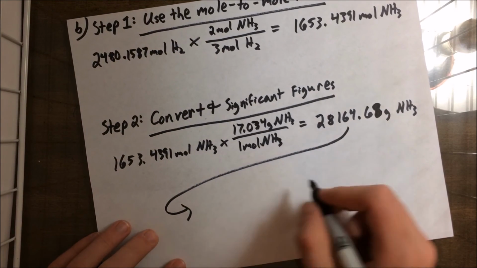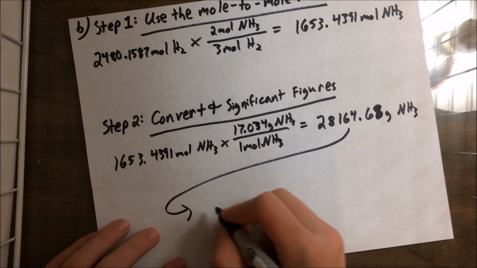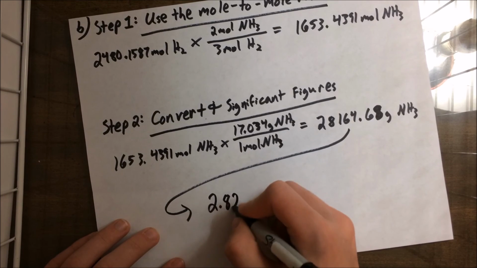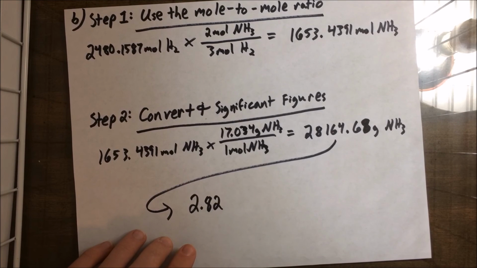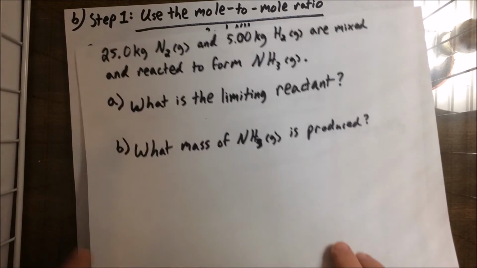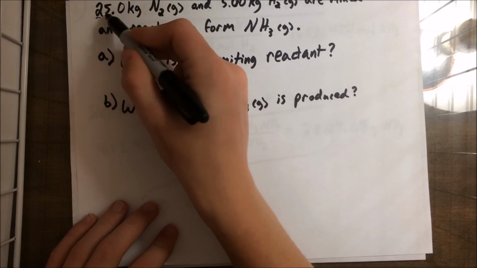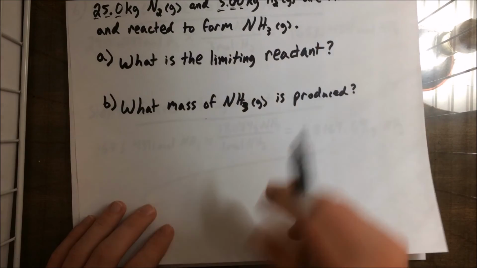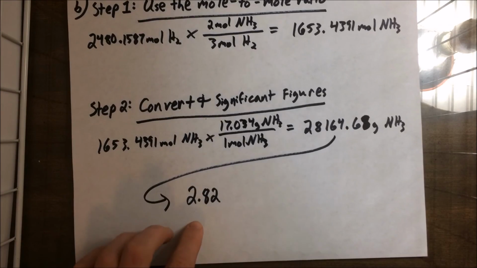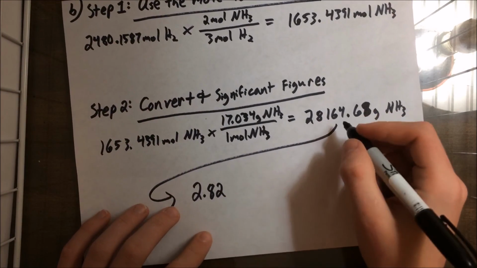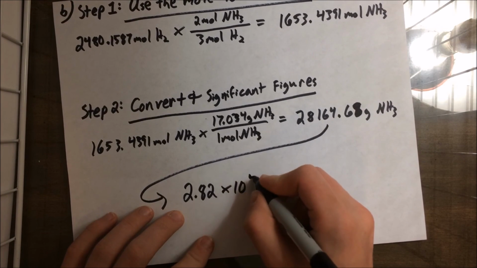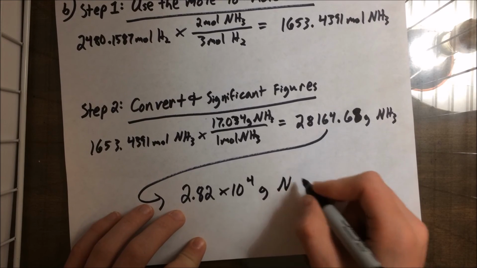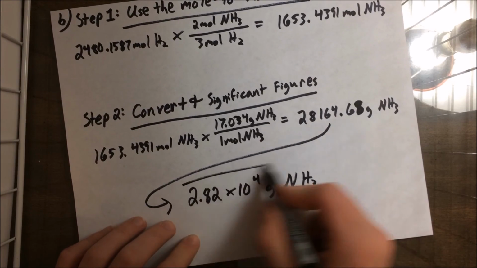So I'm going to put it as 2.82, since we can only have 3 significant figures, because the original values have 3 significant figures, 1, 2, 3, 1, 2, 3, so we can only have 3 here. So we round that, get 2.82 times 10 to the 4th grams of NH3, and that's your final answer for part B.